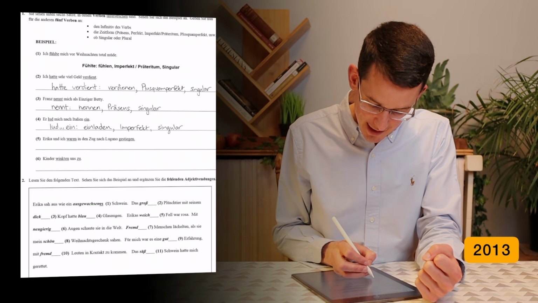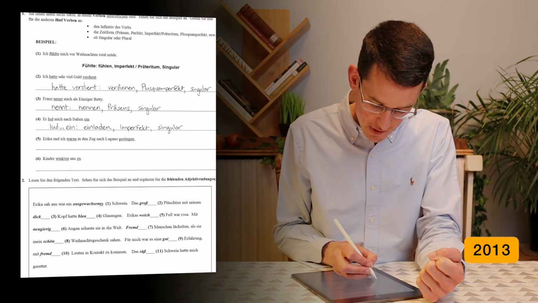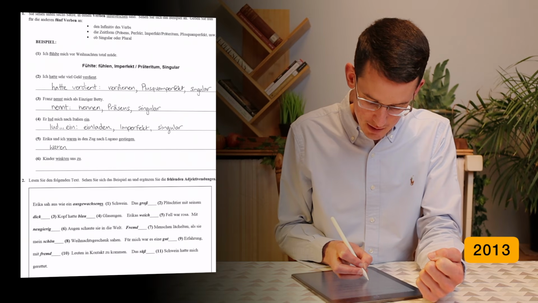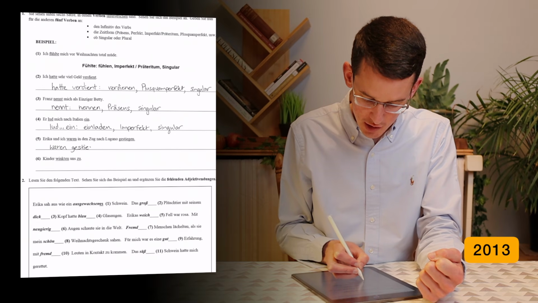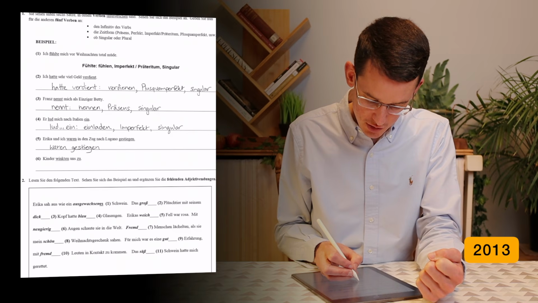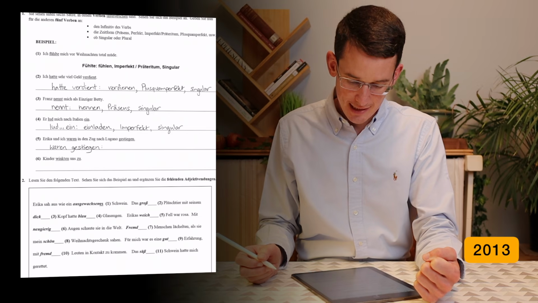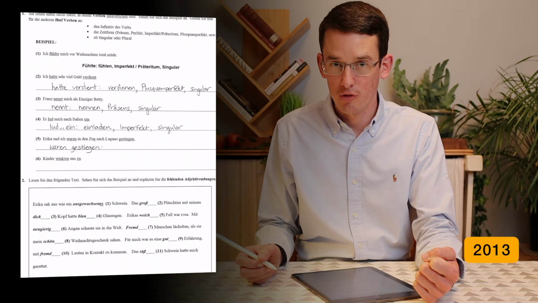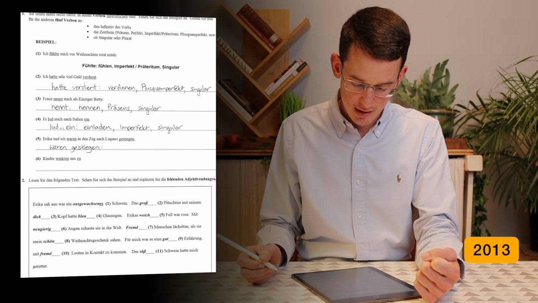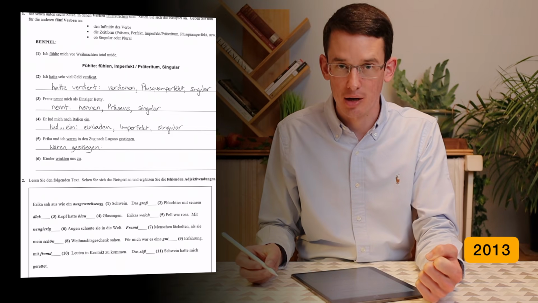Erika und ich waren in den Zug nach Lugano gestiegen. So this is waren gestiegen, which means to embark or to get on the train. And again, it's not Erika und ich sind gestiegen, which would be the perfect tense, that we embarked on the train. It's we had embarked.